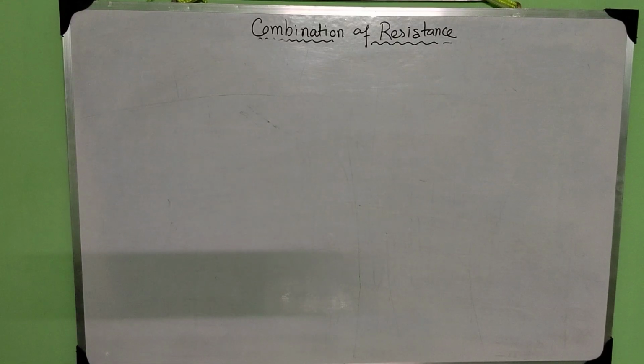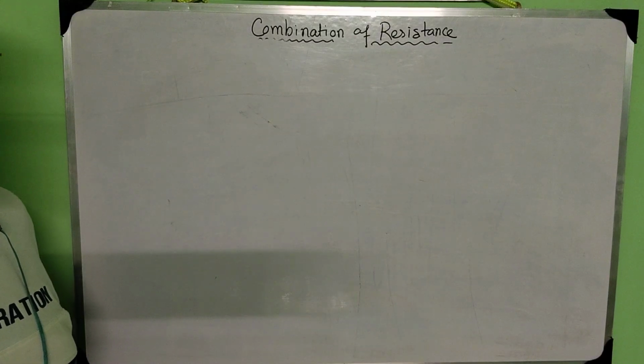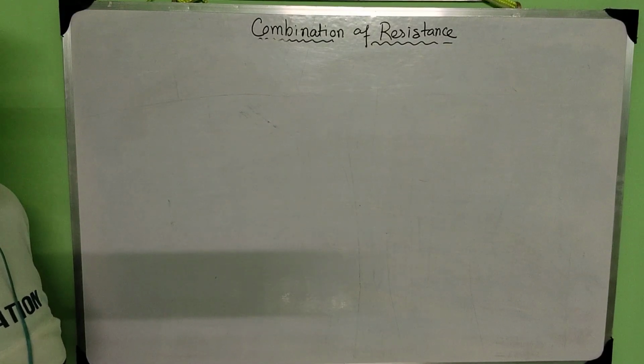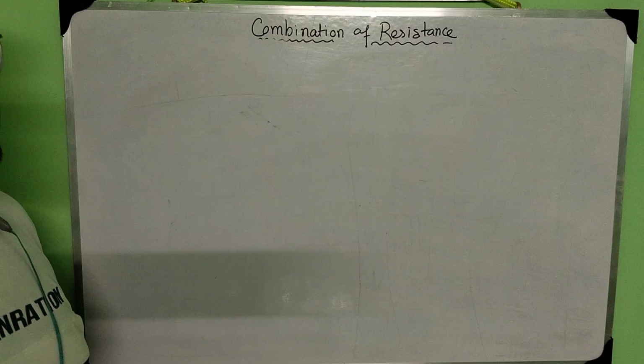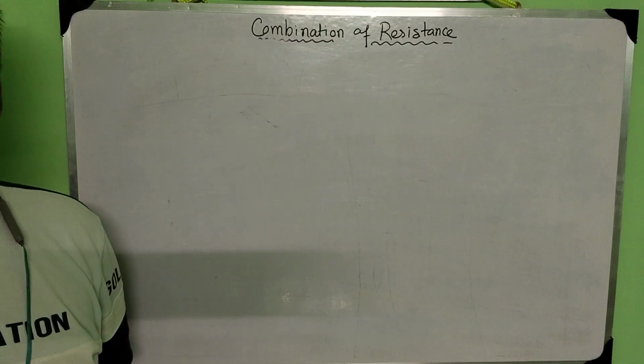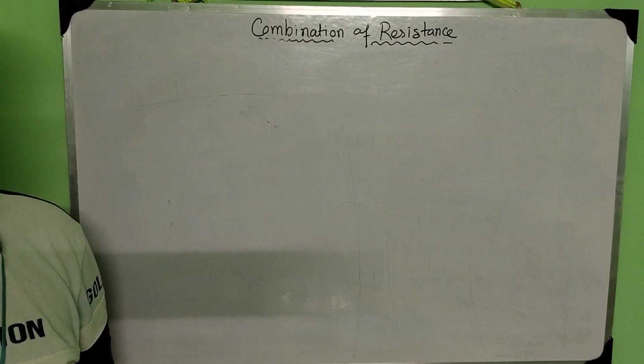Okay, now we will move to some complex circuits. In these complex circuits, we cannot directly find which one is series and which one is parallel. We cannot see directly.